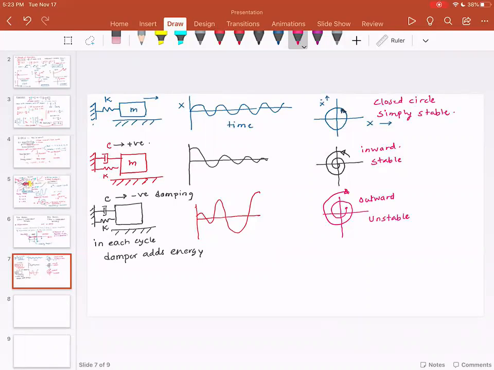Now, how do we use system eigenvalues to decide all this? For that, I'm just going to give you a simple trick. Let's look at the equation of motion. The equation of motion is m x double dot plus c x dot plus k x is equal to 0.